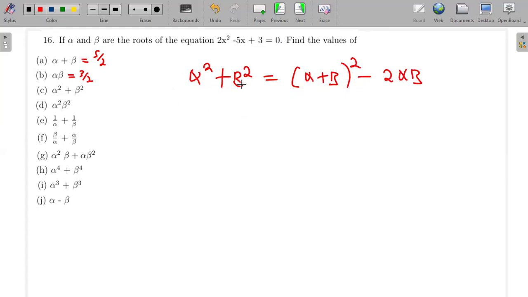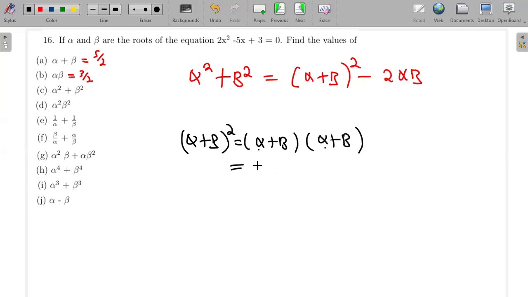We derive this by saying alpha plus beta, squared. This is the same as alpha plus beta multiplied by alpha plus beta. So alpha multiplied by alpha, I get alpha squared. Alpha multiplied by beta, I get plus alpha beta. Beta multiplied by alpha, I get beta alpha, which is the same as alpha beta.